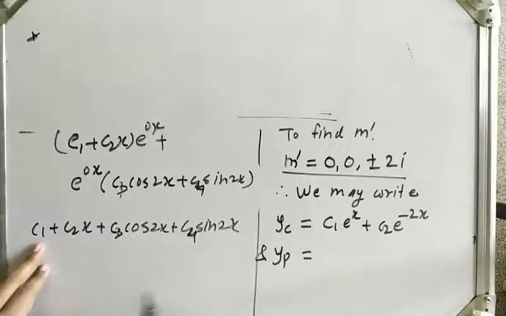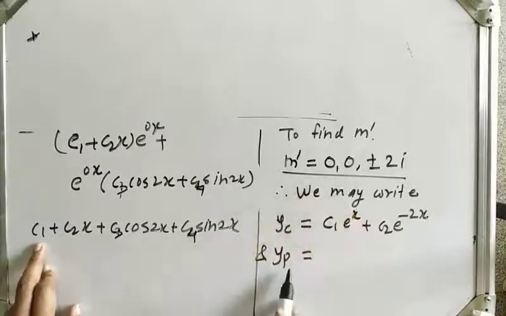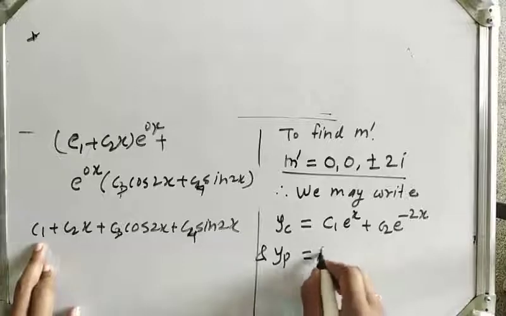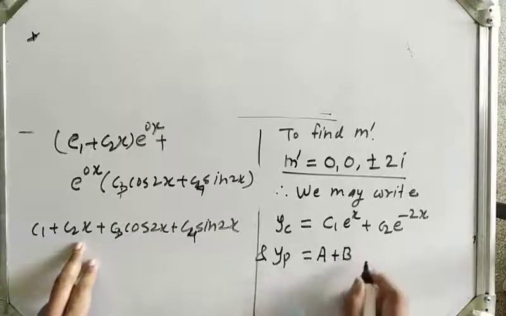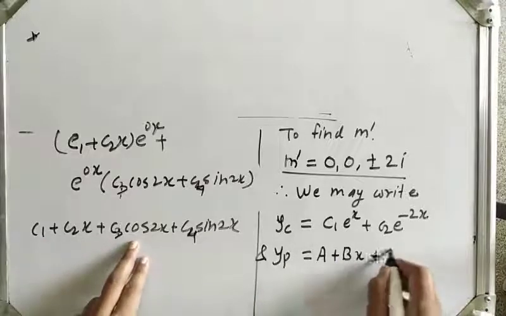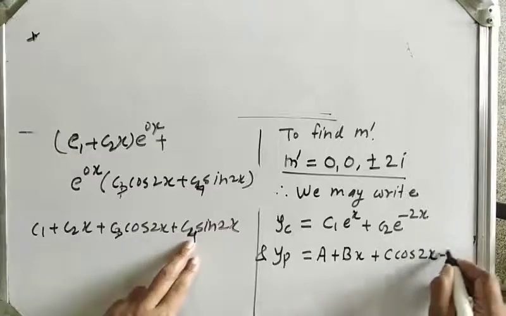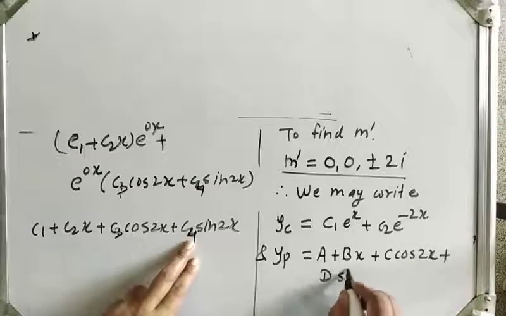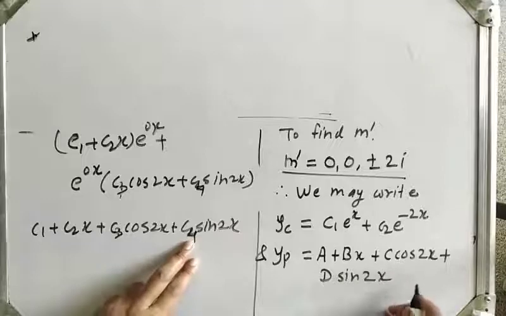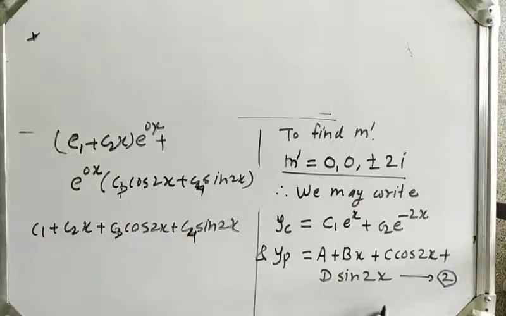So yp we will write as a plus bx plus c cos 2x plus d sin 2x. Let us call it equation number 2.